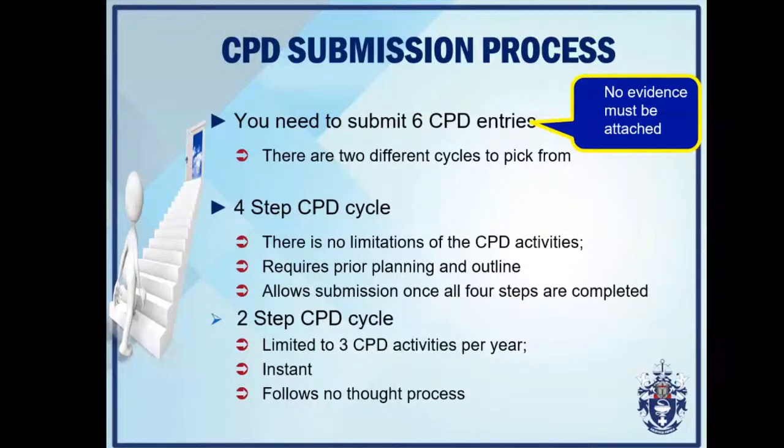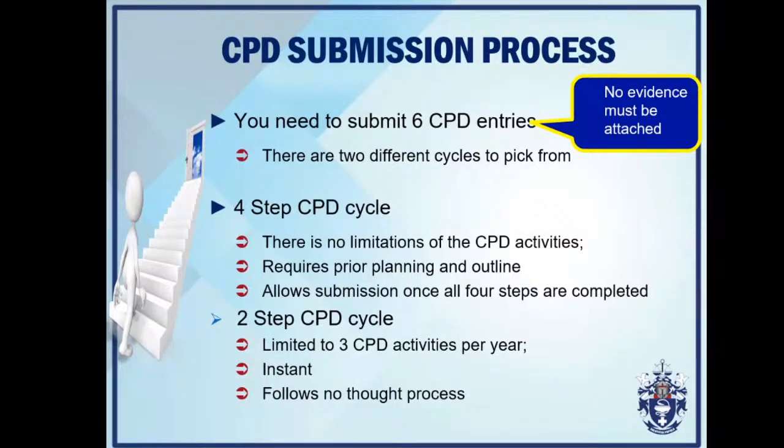I did mention before that you are required to submit 6 CPD entries per year, and please do not attach your evidence. We do have 2 cycles for us to pick from. We have the 4-step cycle, which has no limitations.